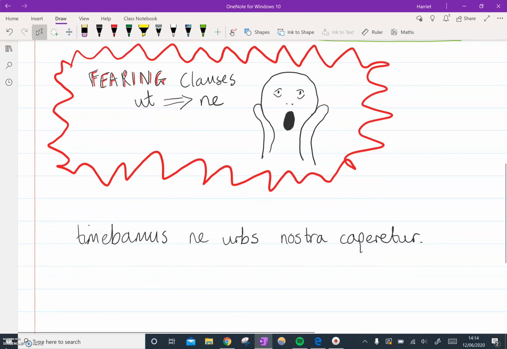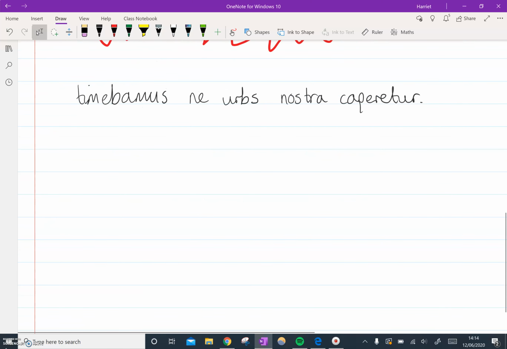So if we look at an example here, timebamus ne urbs nostra caperetur. Now, the reason that you know a fearing clause is a fearing clause is because it has a verb that means someone's fearing something. Surprise, surprise. So timebamus means we were afraid or we were fearing.